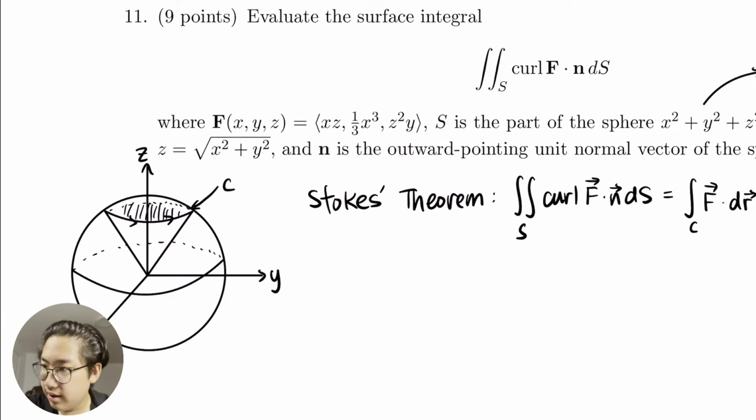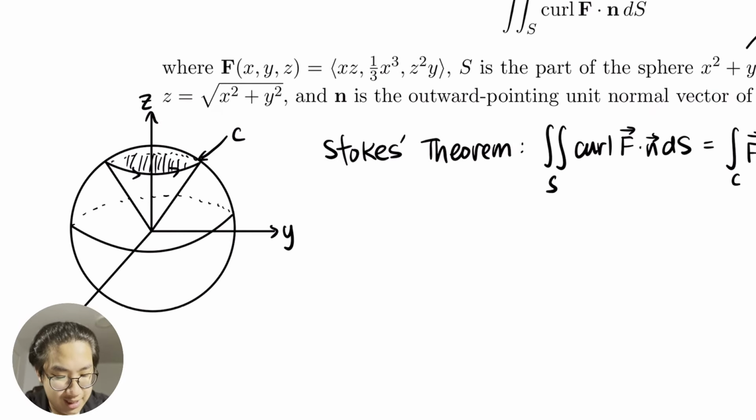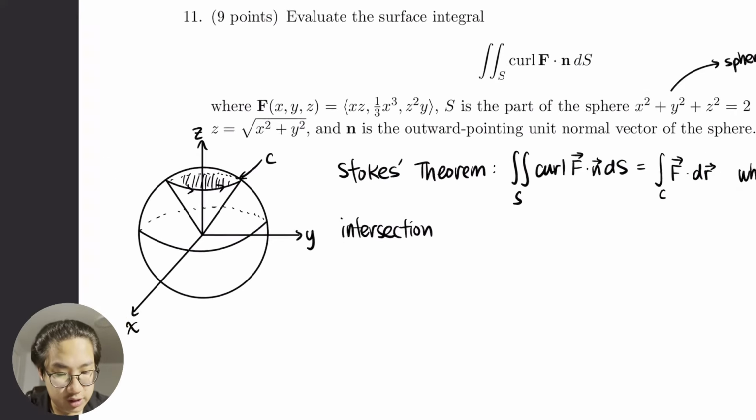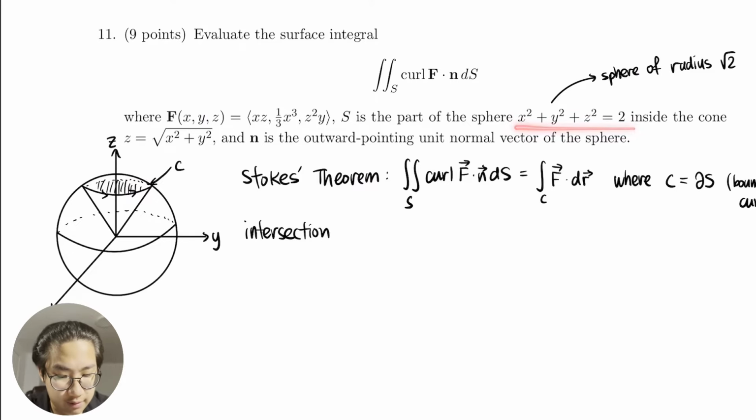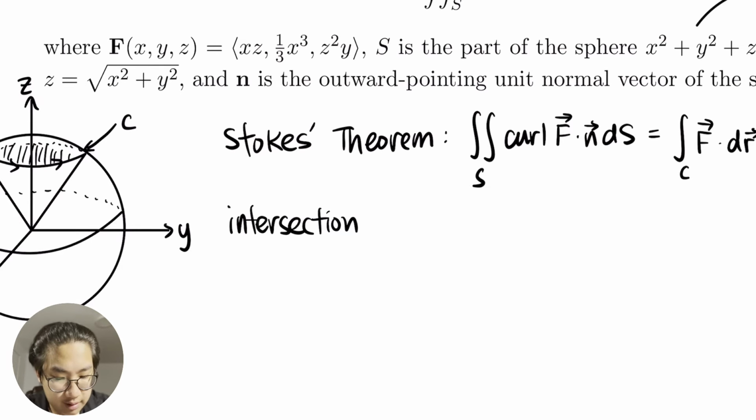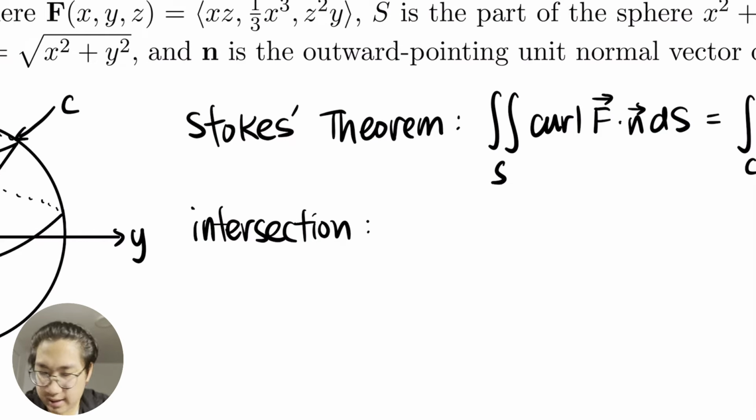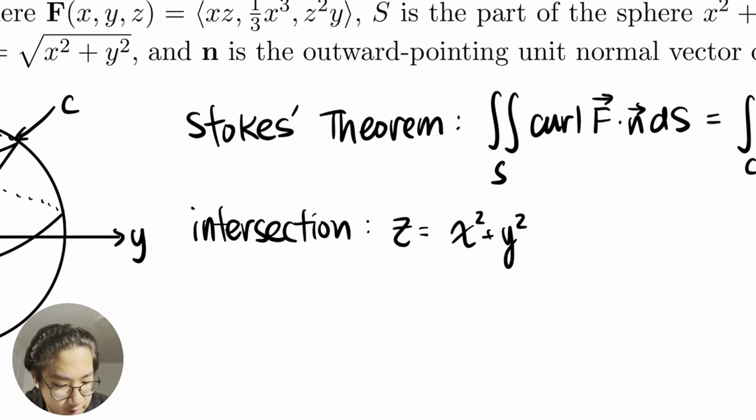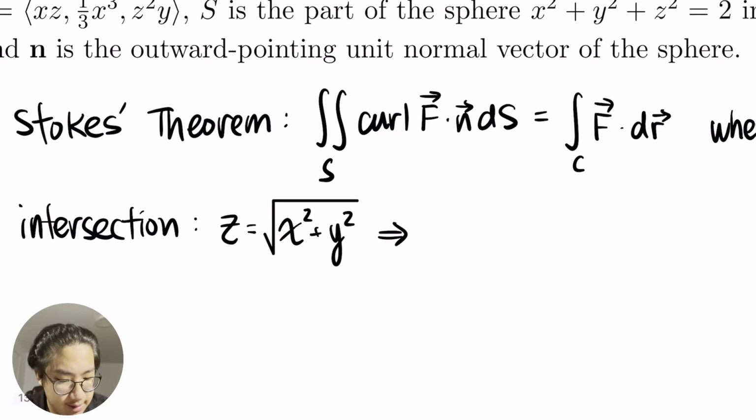So let's go to that. First we need to find the intersection between the cone and our sphere, which isn't too bad considering we have two pretty simple equations. We start with z equals the square root of x squared plus y squared, which tells us that z squared is equal to x squared plus y squared.